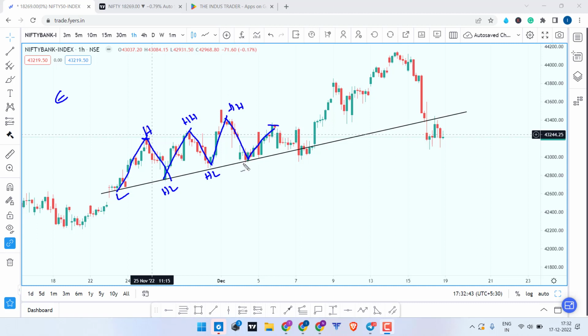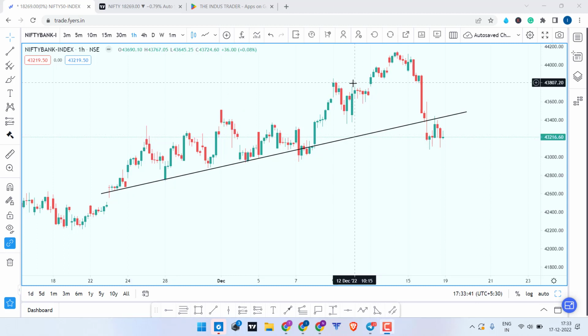But still, you see an equal low, and again it made a higher high, and again a small correction which led to a higher low, and again a higher high. You can only recognize this when you practice, so keep practicing these structures, then you will know.